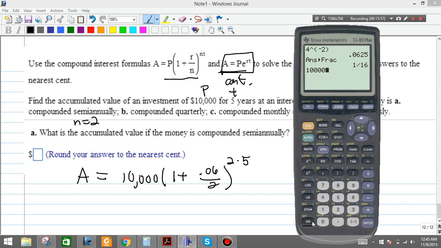10,000, parentheses, 1 plus 0.06 divided by 2.